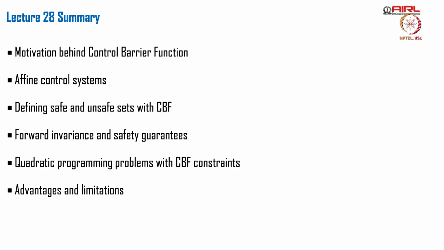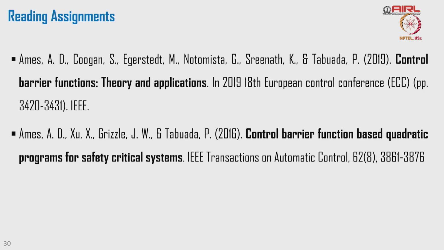So, quadratic programming problems are optimization problems where the control barrier function is used as a constraint. Finally, we talk about advantages and limitations of control barrier function. Okay, these are some papers which you can get in IEEE. Those are important to understand the concept of control barrier functions.